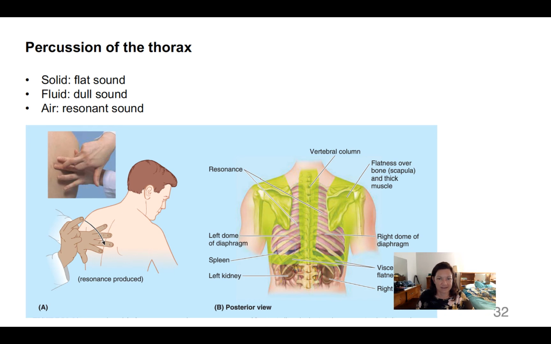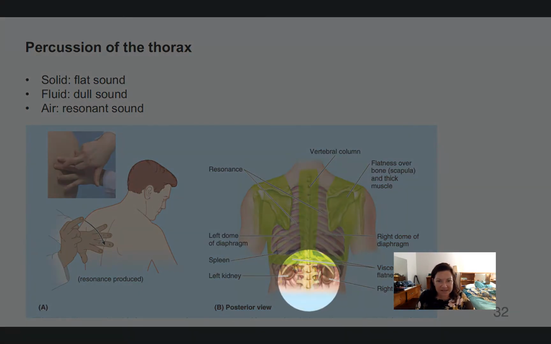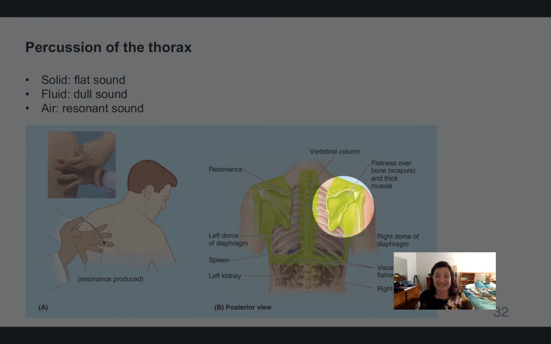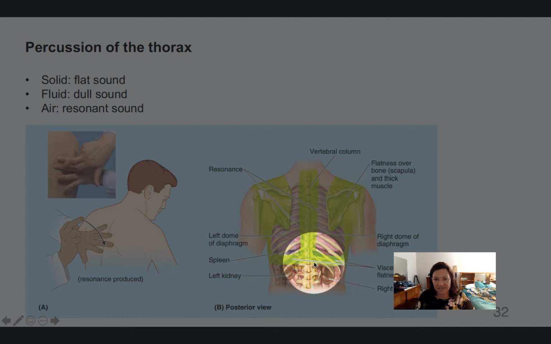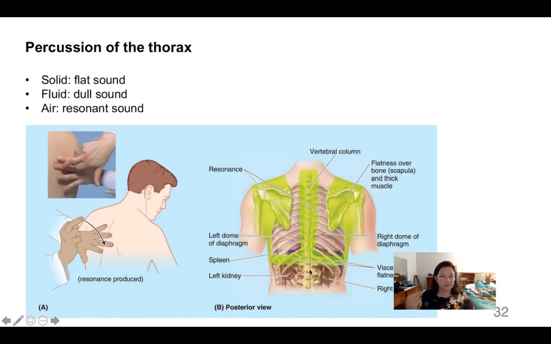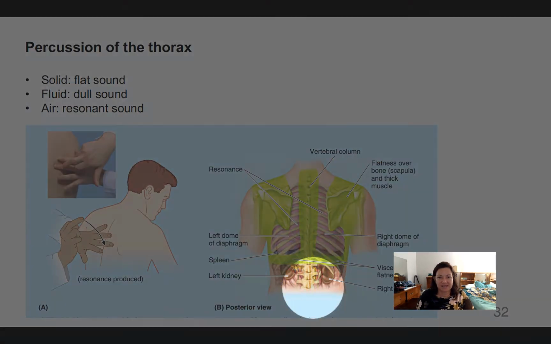You can also see immediately below this pulmonary zone of resonance, immediately caudal to the level of the T12 vertebra, are the kidneys. You have your left and right kidney in this posterior view. If you've ever gone in for a quick check because you have a bladder infection, which is unfortunately very common, they knock on your kidneys.